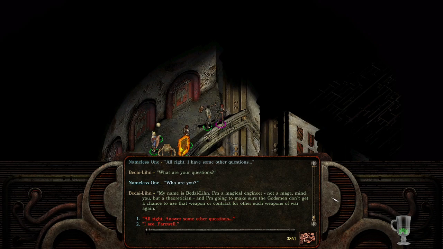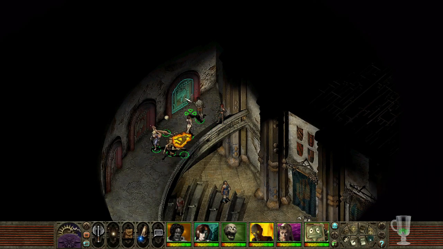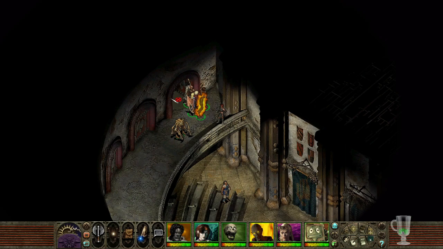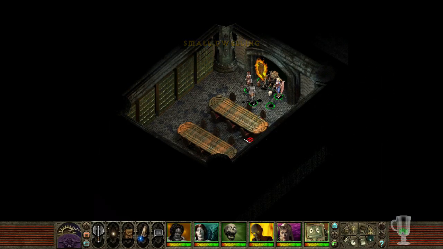I'm going to make sure the Godsmen don't get a chance to use that weapon or contract for other such weapons of war again. Okay, goodbye. You bore me, woman, you bore me. Goodbye. Done. Any goodies for me to suckle upon?